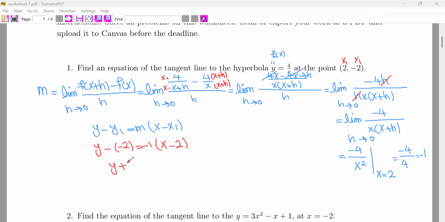So it will be y plus 2 equals, distributing negative 1, negative x plus 2, and by subtracting 2 from both sides, we end up with y equals negative x as the equation of the tangent line.